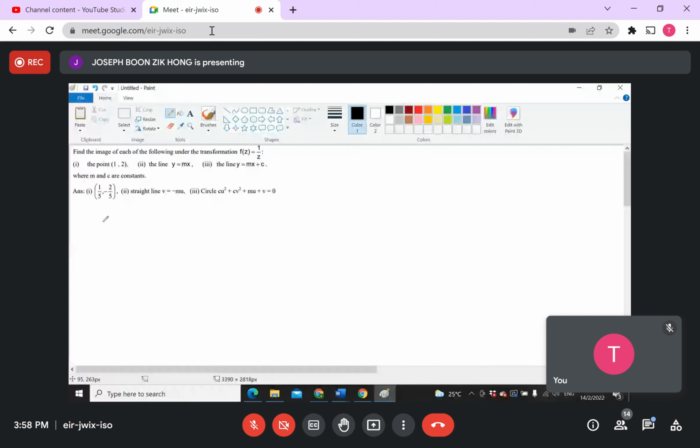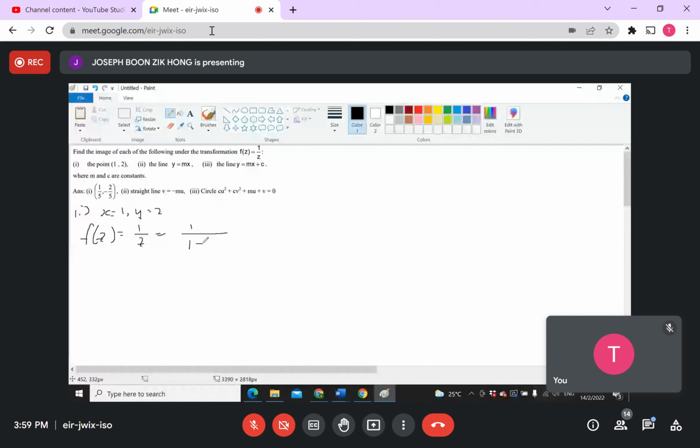So x equal to 1, y equal to 2. That means this is 1 over 1 plus 2i.